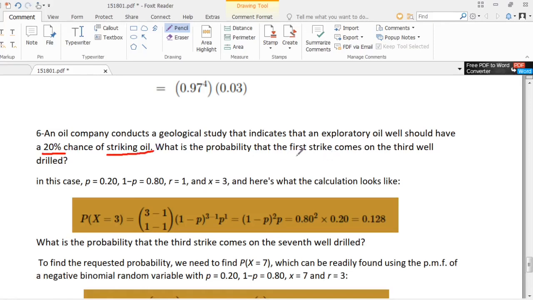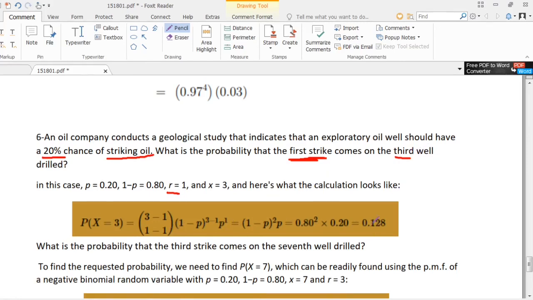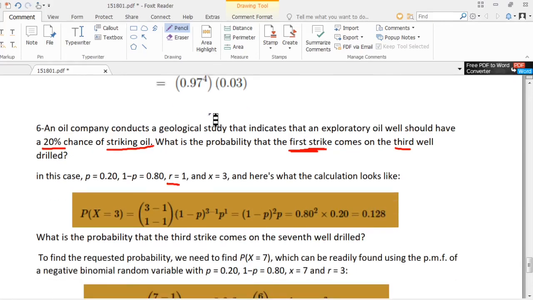What is the probability that the first strike comes on the third well? So we have P 0.2, we have 1 minus P 0.8, and we have r equals 1 because it's about the first, and x equals 3 because we do 3 drills. So we substitute this and we get the result, so it's similar to the previous one.